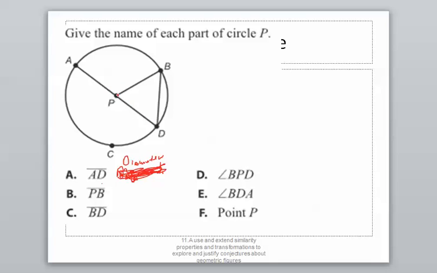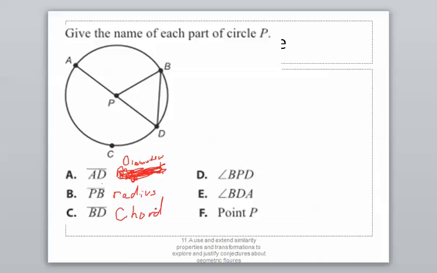If I'm talking about PB, from P to B there, that is a radius. It goes halfway across the circle, right? Starts at the center and goes out to the edge. If I'm looking at BD, that is called a chord.